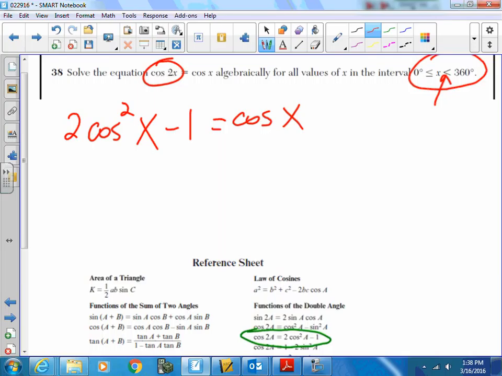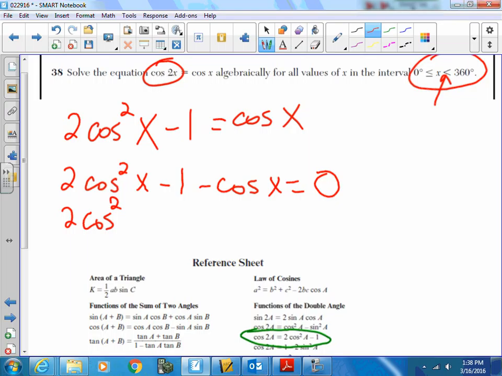All right, now we're going to treat this as a quadratic. We subtract cosine of x on both sides, so 2 cosine squared of x minus 1 minus the cosine of x is equal to 0. Now I'm going to rearrange it from my highest exponent down to my lowest: 2 cosine squared x minus cosine of x minus 1 is equal to 0.